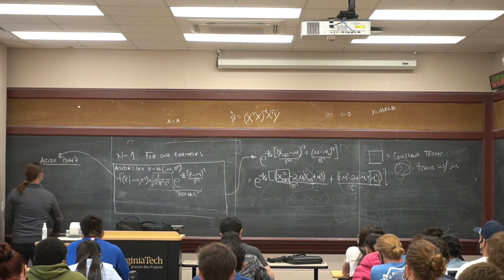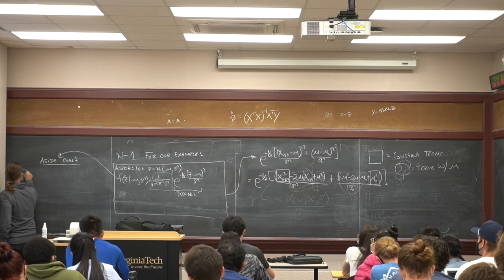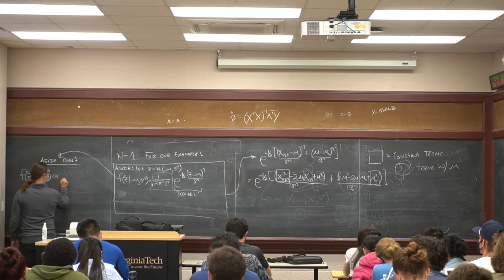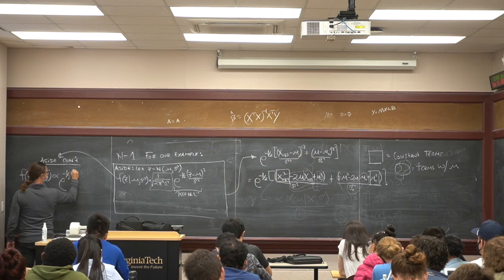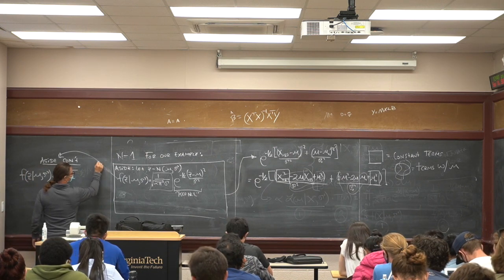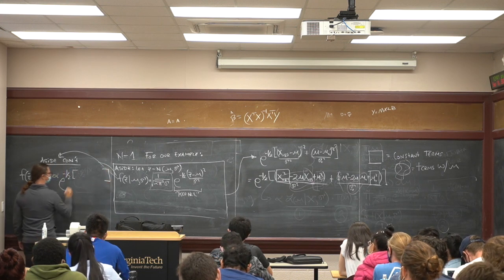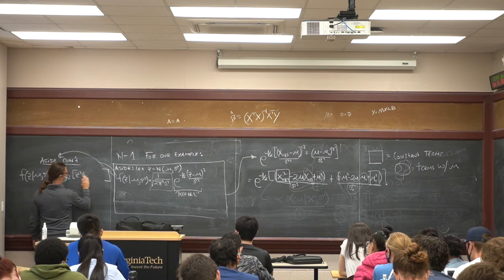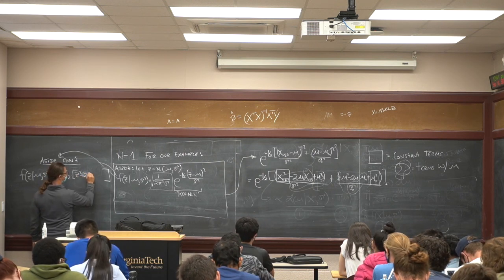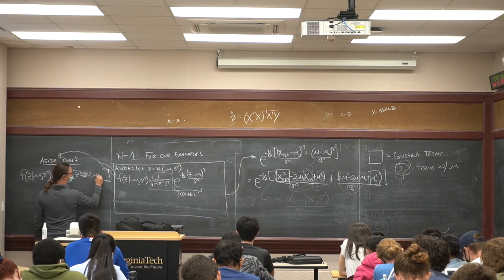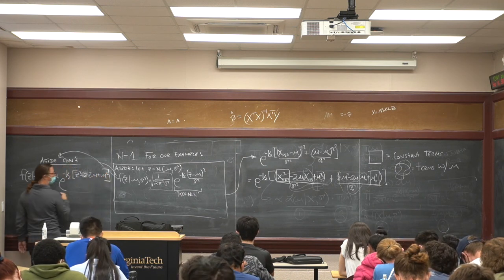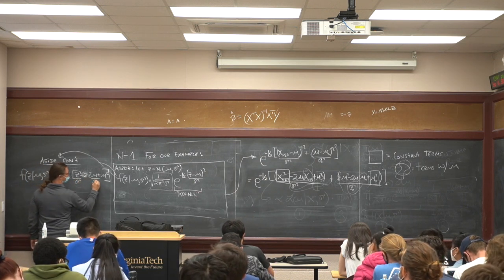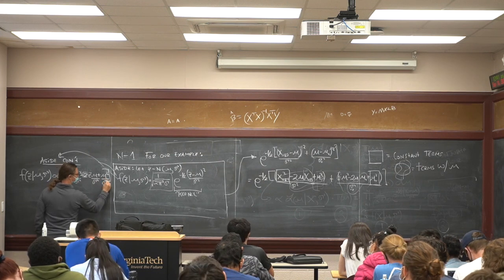I'll write this really big, give myself some more room. f of z given mu and sigma squared is proportional to e to the minus 1/2. I'm just going to expand out that quadratic. So this is going to look like z squared minus 2z mu plus mu squared, and all of these are divided by sigma squared.